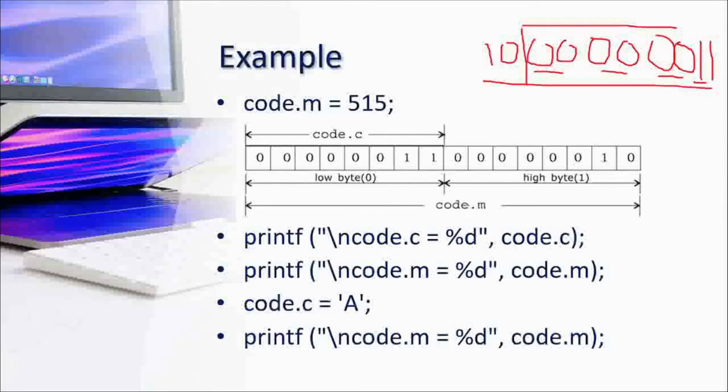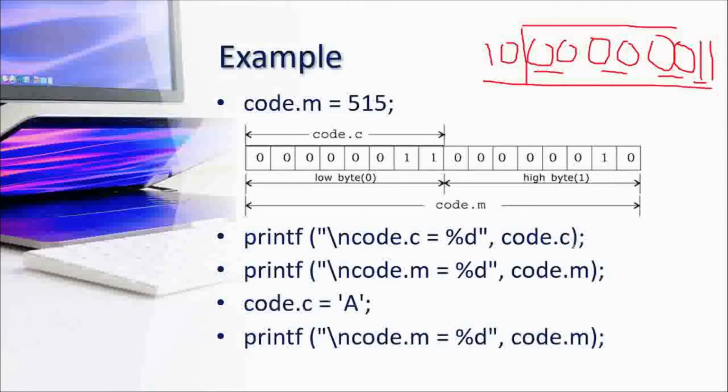The total memory allocated to that particular union is taken by the m variable. Now if we print code dot c with percentage d, we know that c is a character variable, but we are printing it as an integer, because percentage d represents integer.